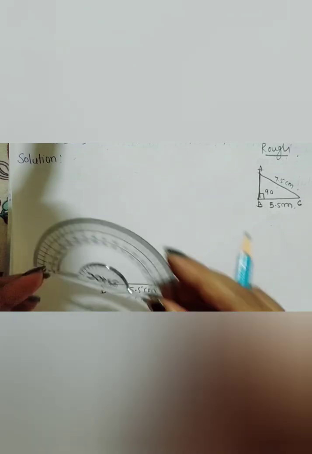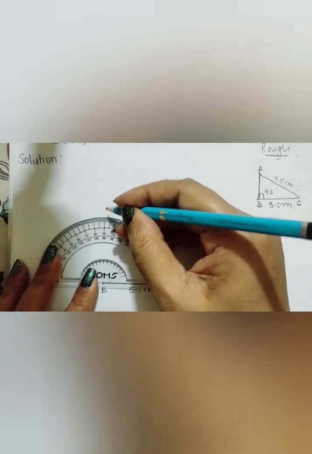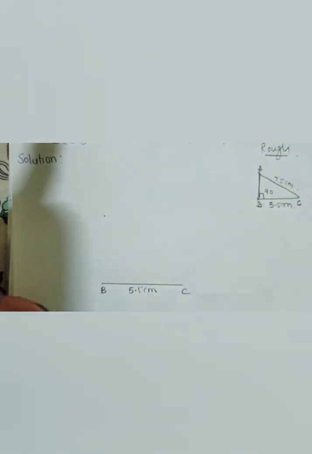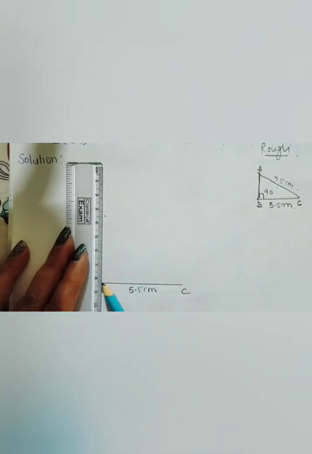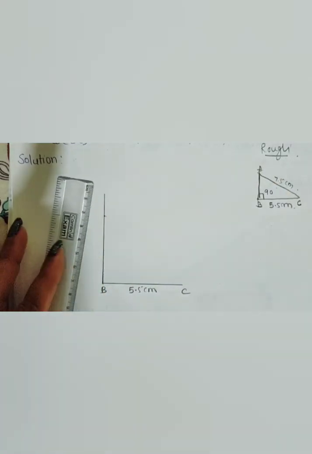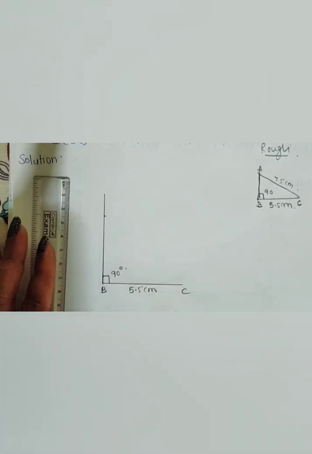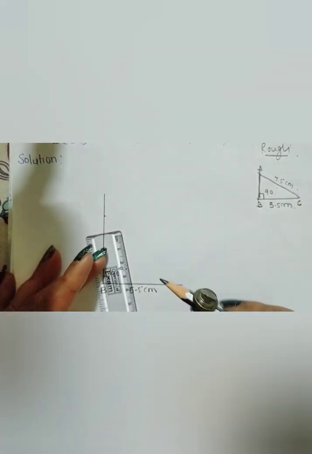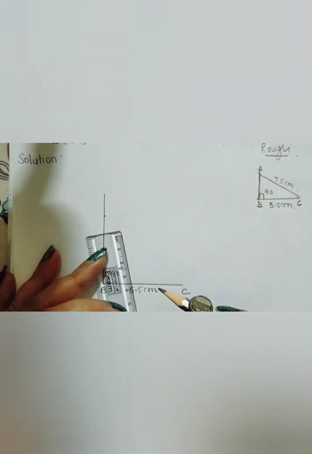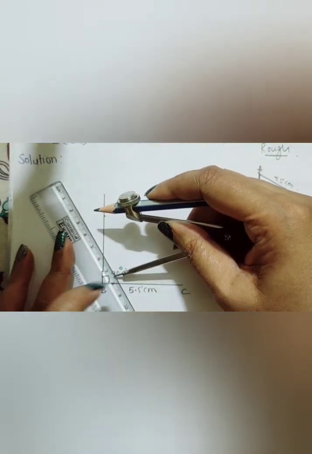We're going to keep this protector on point B to make 90 degree angle. This is our 90 degree. We have to take what? AC is given 7.5. I hope it is visible.